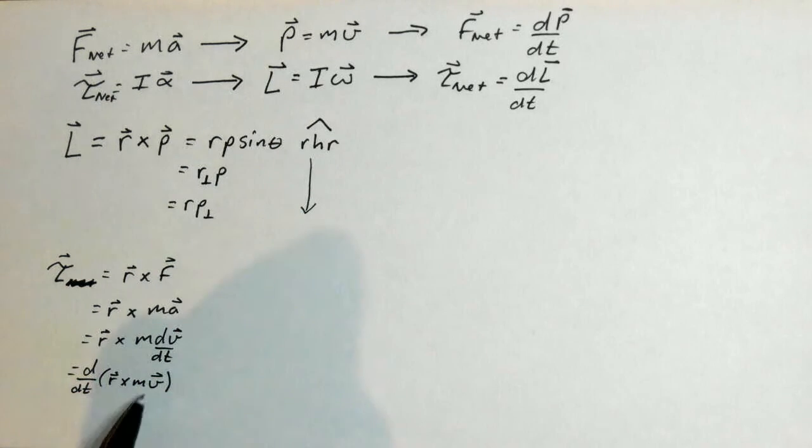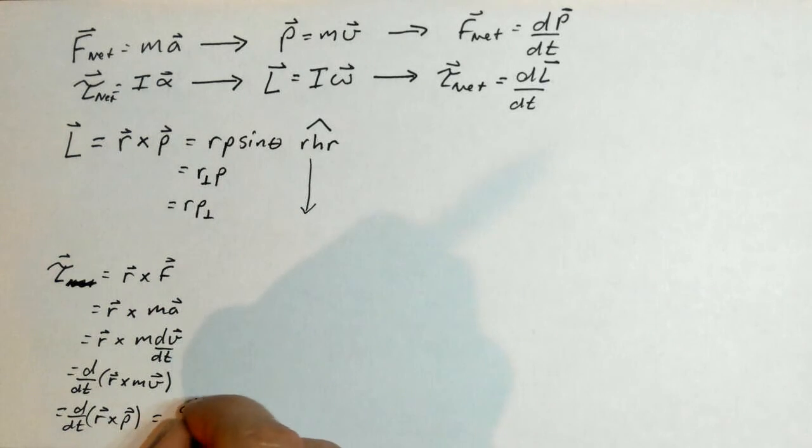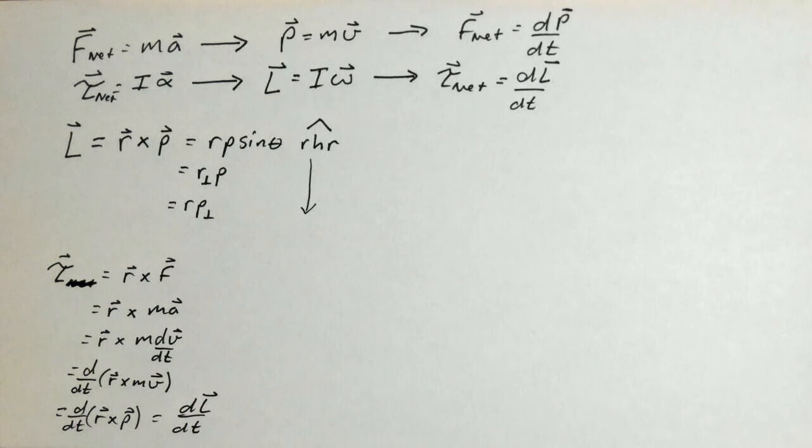Okay, well that's just p, and that's the definition of angular momentum, so we get dL/dt. Okay, so that's the way of showing this result.